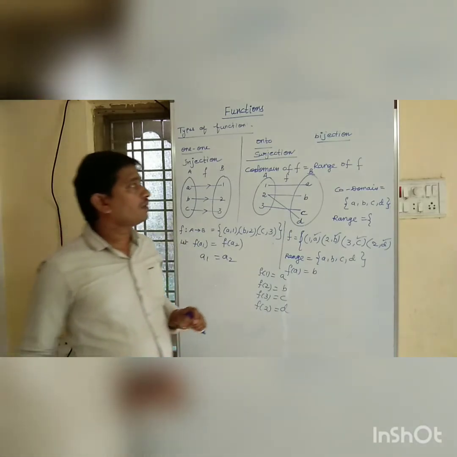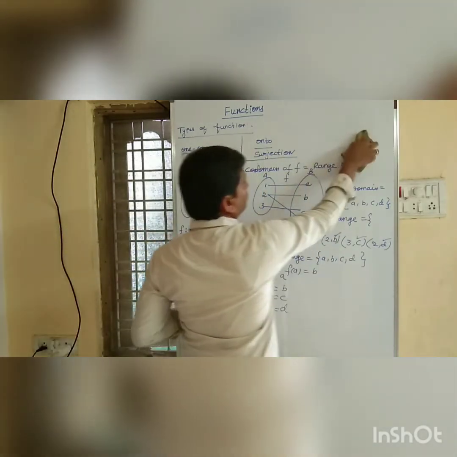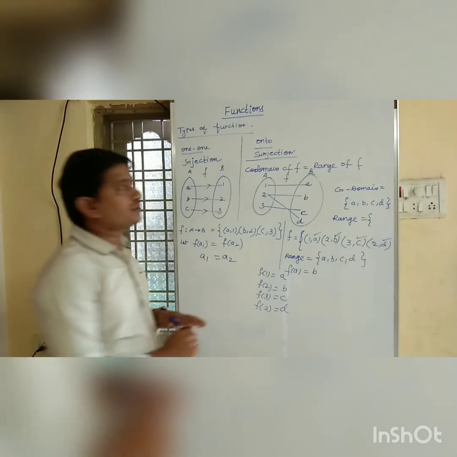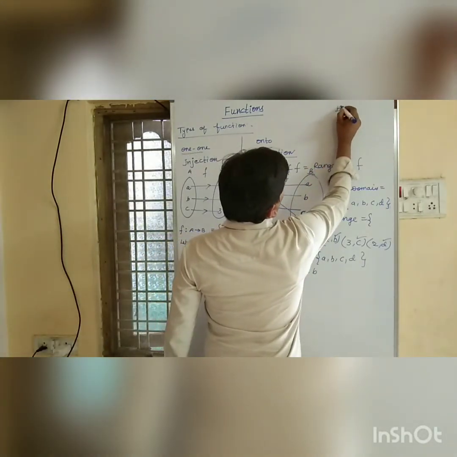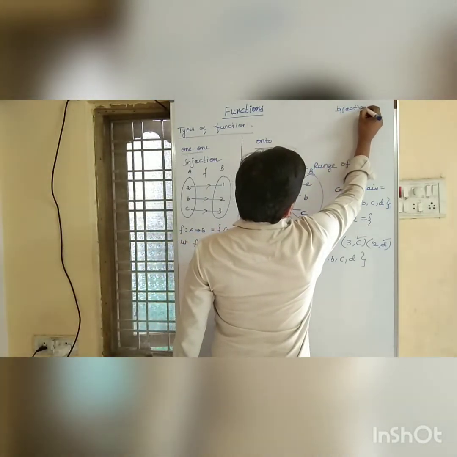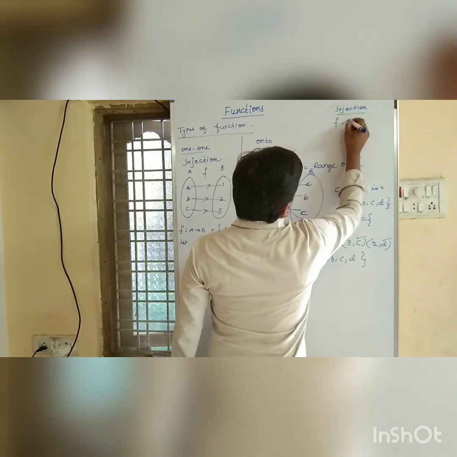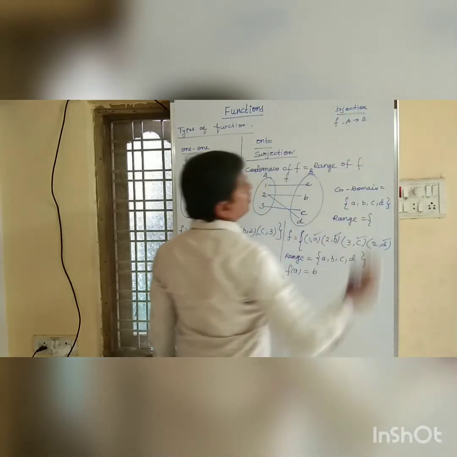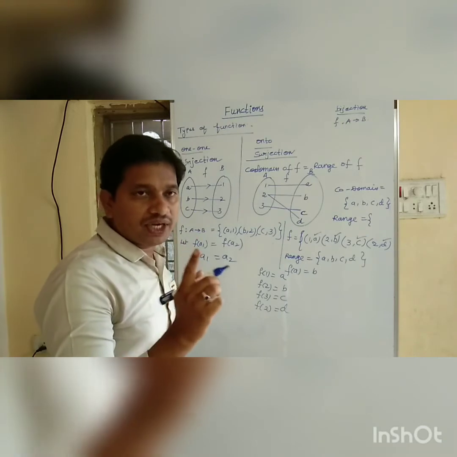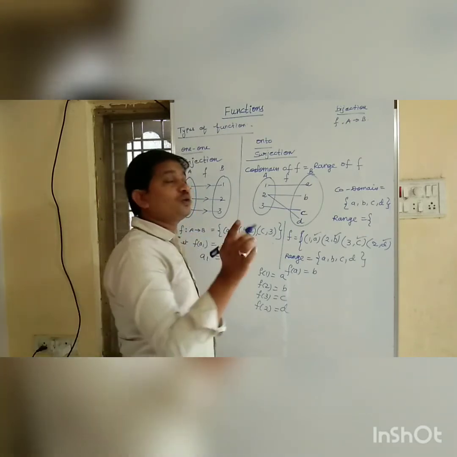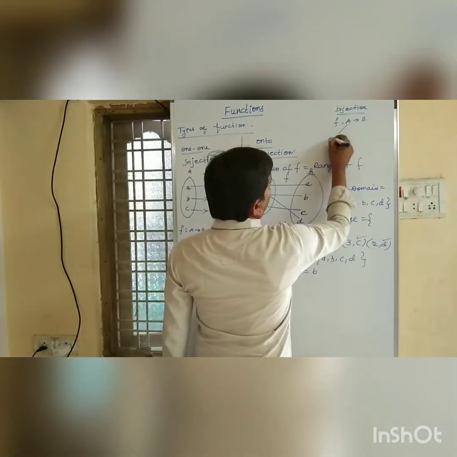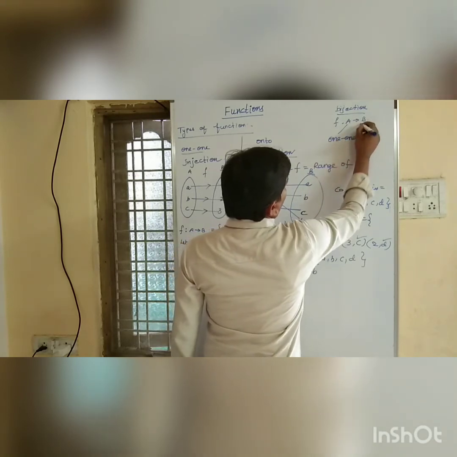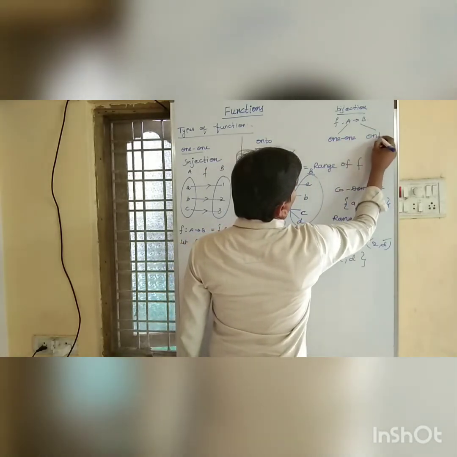Children, now what do you mean by bijection? A function f that maps A to B is said to be a bijection if it is a one-one function and also an onto function.